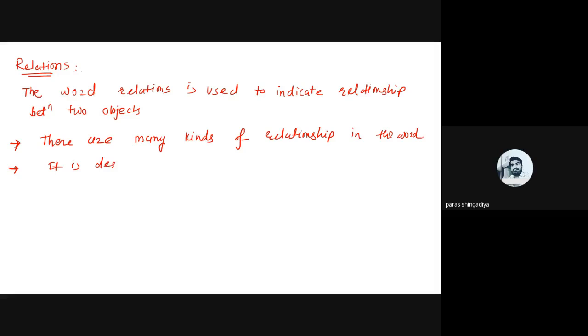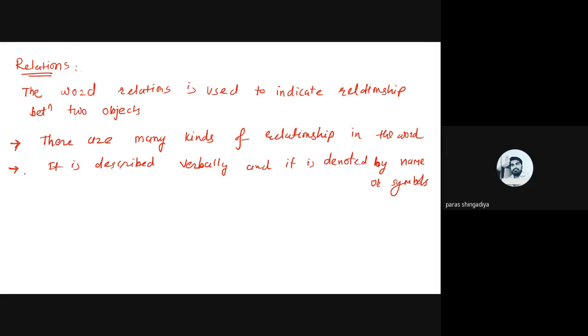It is described verbally, and it is denoted by a name, otherwise any symbol, okay, a name or a symbol.